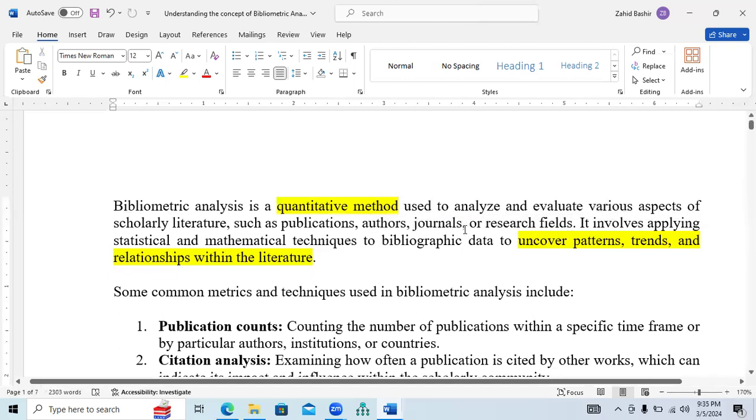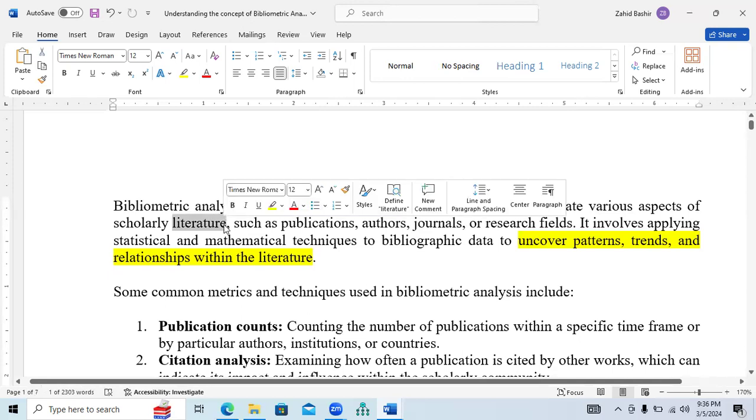Basically, whenever a researcher is trying to understand the literature regarding some special or relevant domain, he wants to study how the literature is developed related to a particular domain or a particular area, then he needs to consider bibliometric analysis.